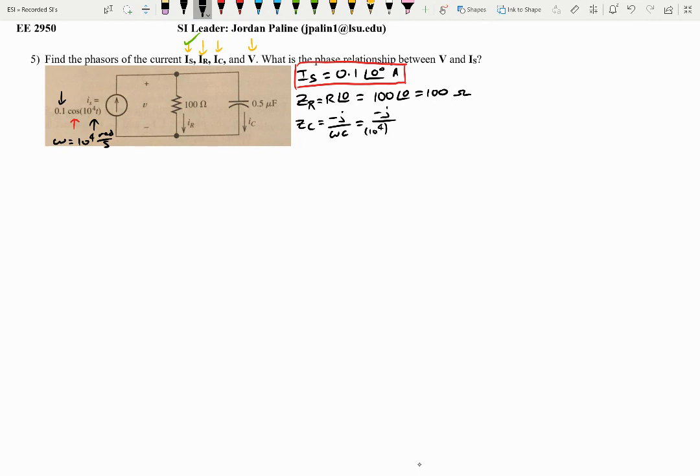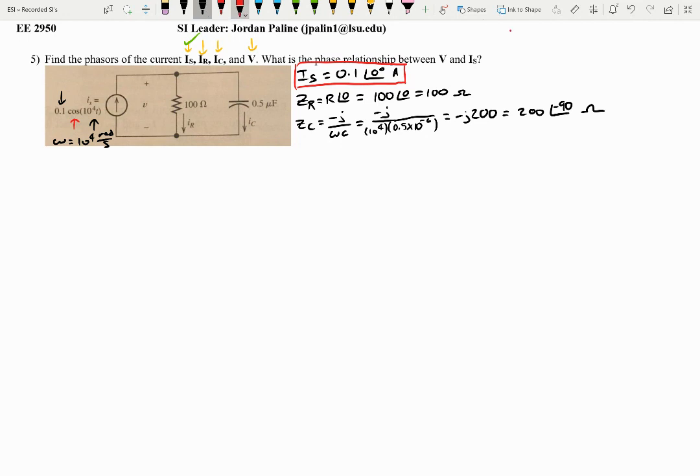So let's plug those values in. 10 to the 4th, and then we had 0.5 times 10 to the negative 6, that's what micro is. When we do that, we'll get negative j200, which is the same thing as saying 200 at angle negative 90 ohms as well.